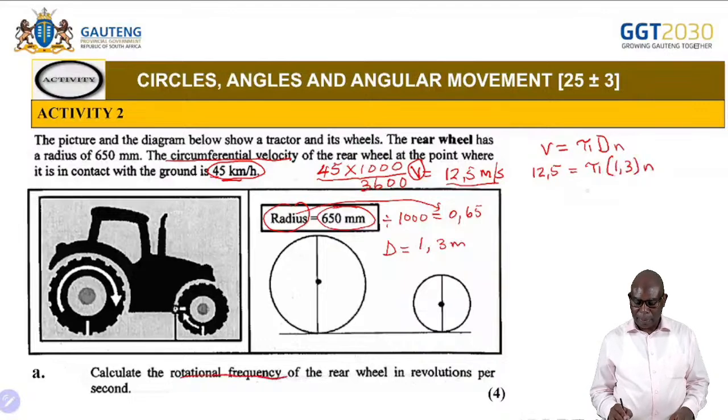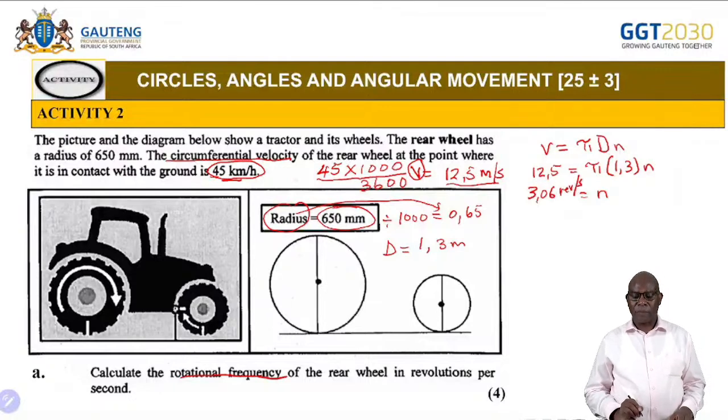So my n is going to be 12,5 divided by pi times 1,3, and the answer that I'm going to be getting there is 3,06. This answer will be in revs per second. Right? So my answer there will be nothing else but 3,06 revs per second.